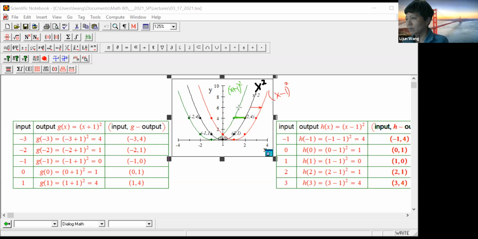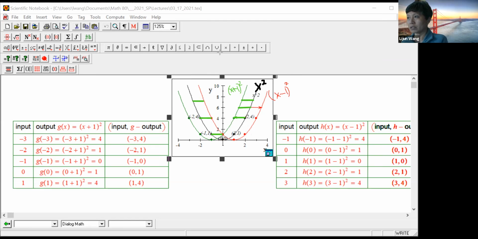1 unit. Horizontal, 1 unit. Okay, this is about every point. Every point shifted one unit to the left, from x squared to x plus 1 squared.